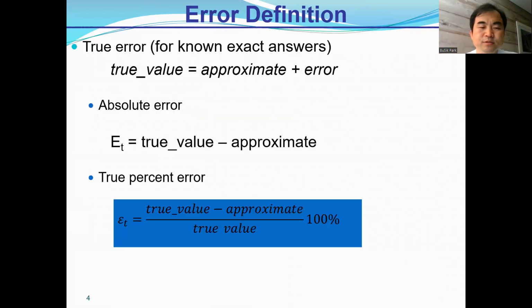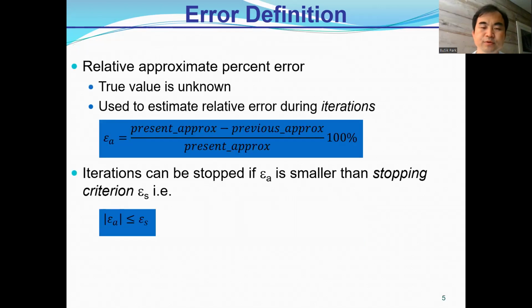Absolute error is the true value minus the approximation. You can calculate the true percent error, and then the relative approximate error is used when you don't know the exact true values. In that case, how can we calculate errors?